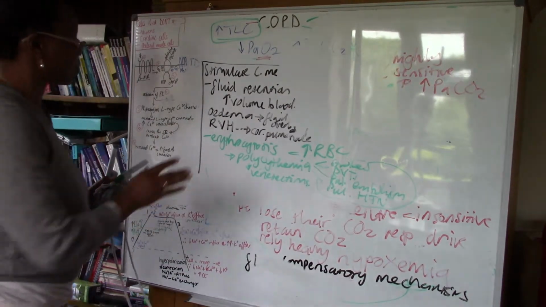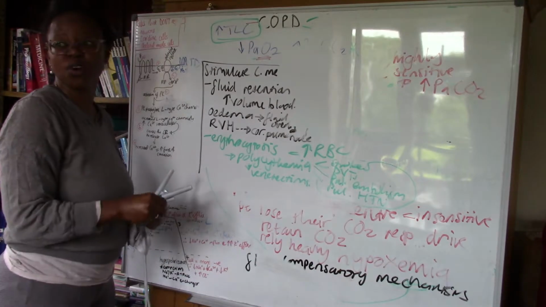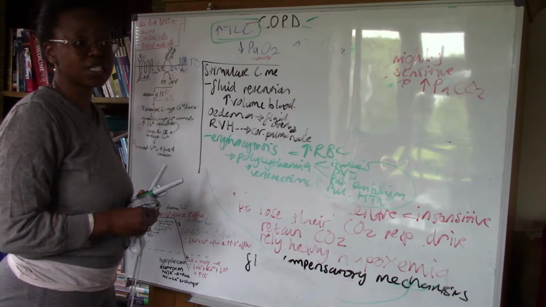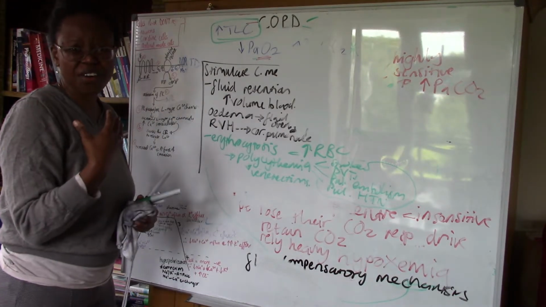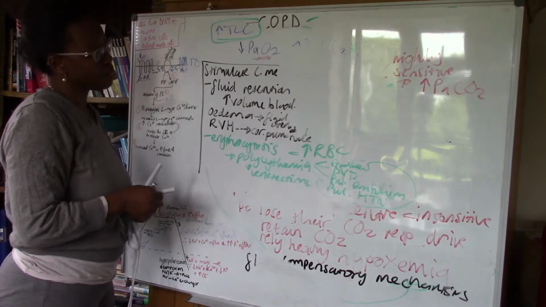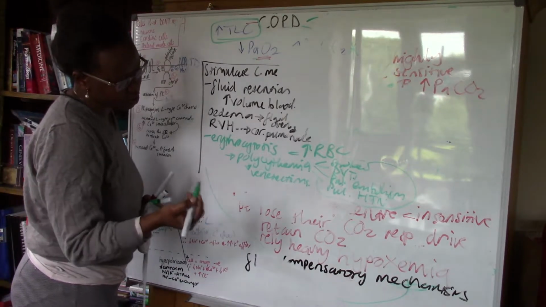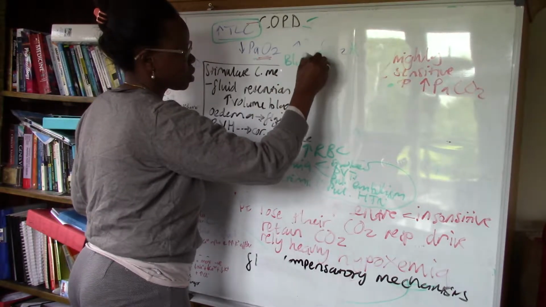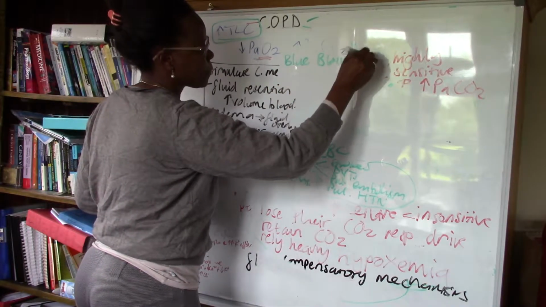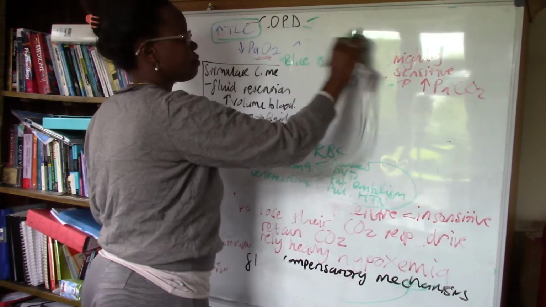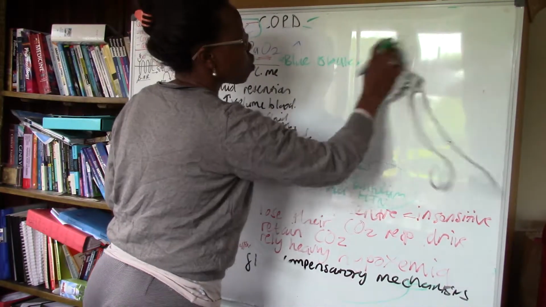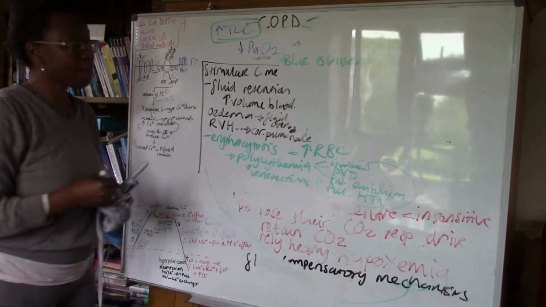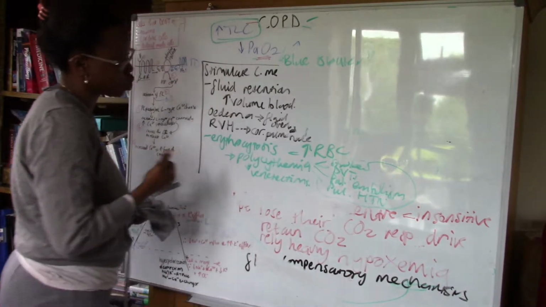So again, these are the people who have pulmonary hypertension. They are retaining a lot of fluid. They are mostly cyanosed, particularly centrally, and they are called blue. They present as blue bloaters, who are very different from the pink puffers, who still have the hypercapnic respiratory drive, but they have to put in a lot of effort in order to breathe.